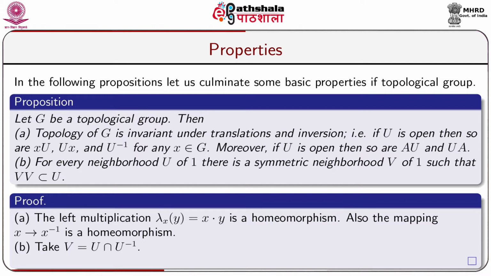Next, another important property of topological group is that every neighborhood U of identity contains a symmetric neighborhood V such that V product V is contained in U. To prove this, given a neighborhood U of 1, let V be equal to U intersection U inverse.